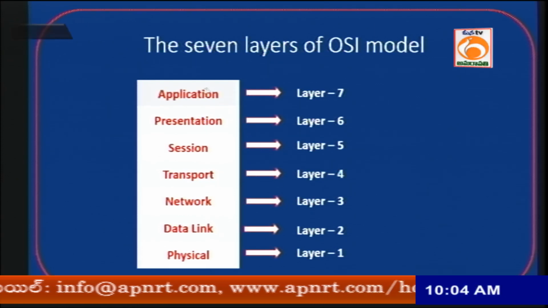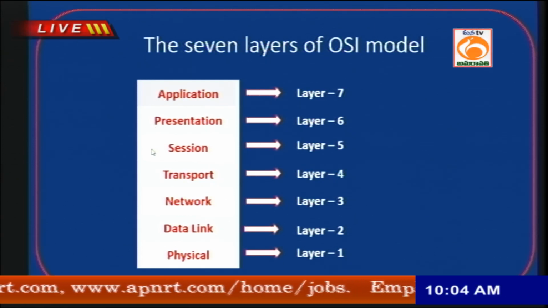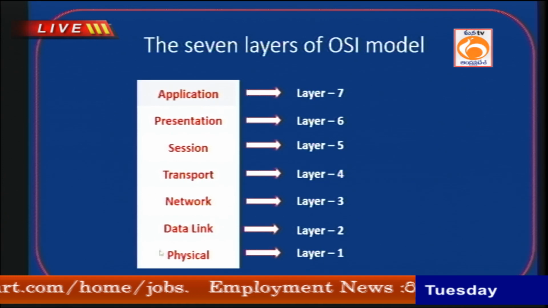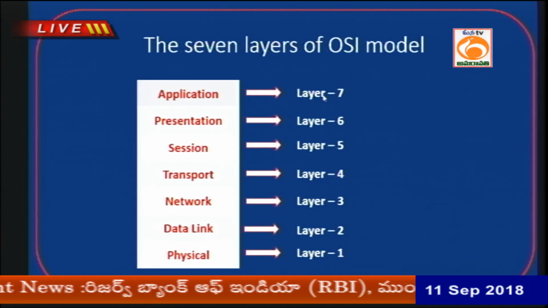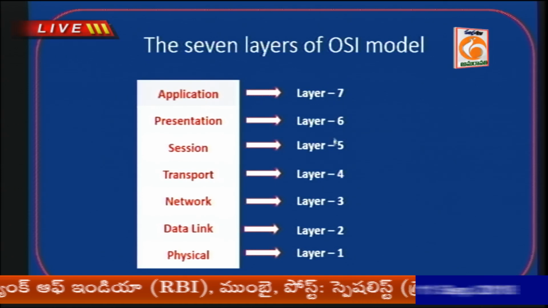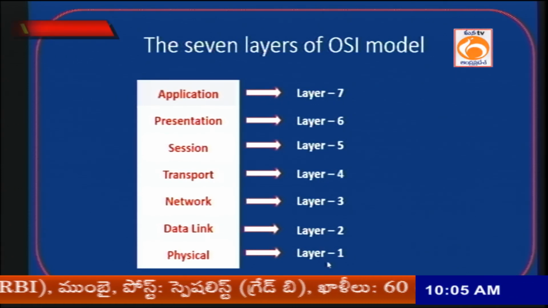It is important to know the order of these layers. We have to follow this specific numbering system, which starts from layer 7 at the top and goes down to layer 1 at the bottom.